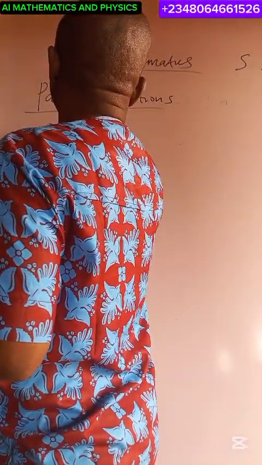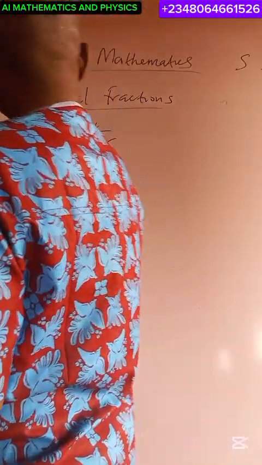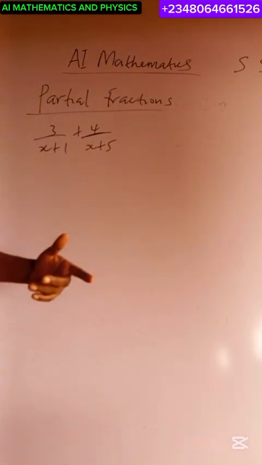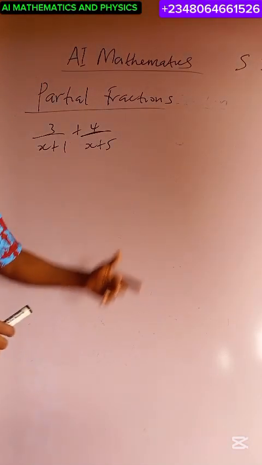Let's say plus 4 over x plus 5. This is a kind of algebraic fraction. But partial fraction is the opposite of this. Because if we simplify this, our final answer is where partial fraction starts.